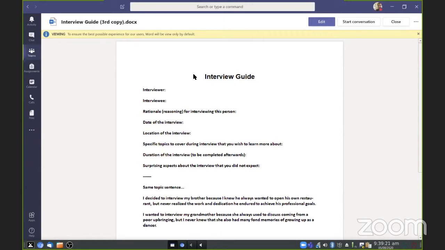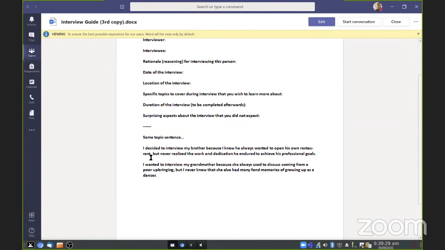Try to include essentially two main parts or aspects. Right? If you look at my example here, I decided to interview my brother because I always wanted to find out about his restaurant. And then here's the second part: but I never realized the work and dedication he endured. I never realized that.